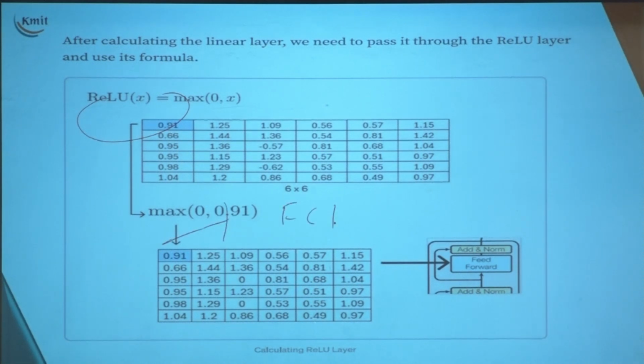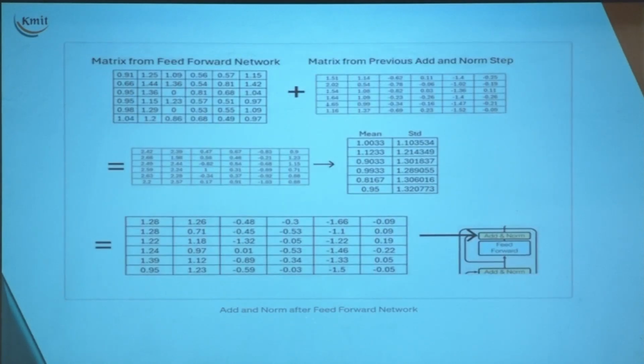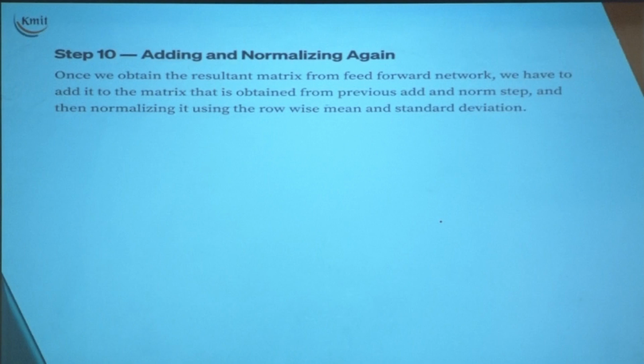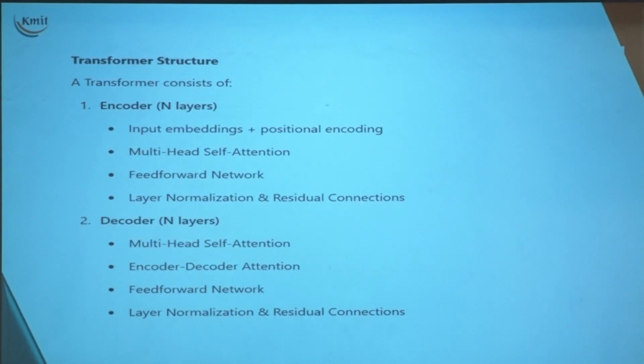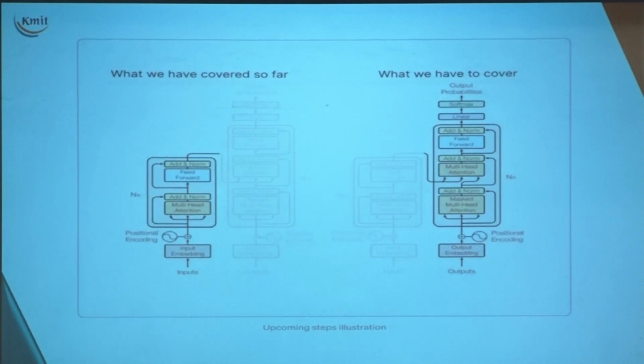That is the activation function applied to linear layer 1. Now that is given to what? Adding and normalizing again. So first I add and normalize, calculate standard deviation and mean, and then finally I generate another matrix. Okay. Now this is the output of what? The encoder.